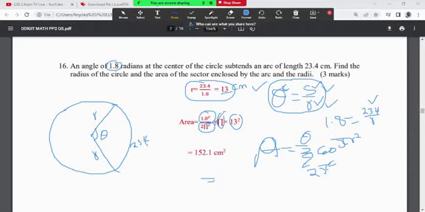So pi and pi will cancel, and then we work out, you get 152.1 square centimeters. Are we in agreement? And that one marks the end of section 1 of this paper.